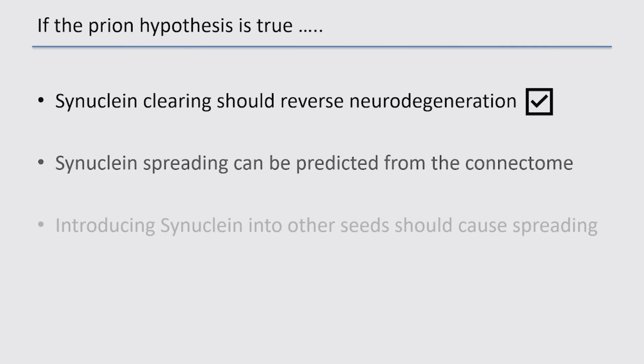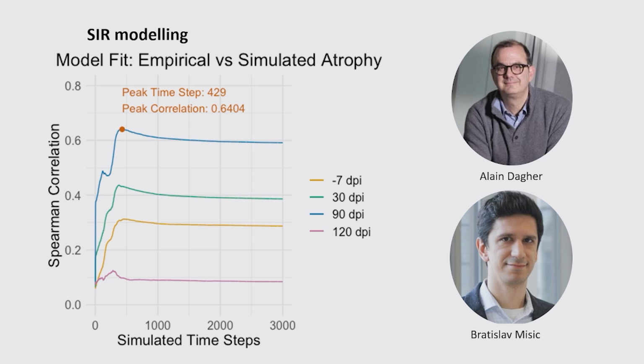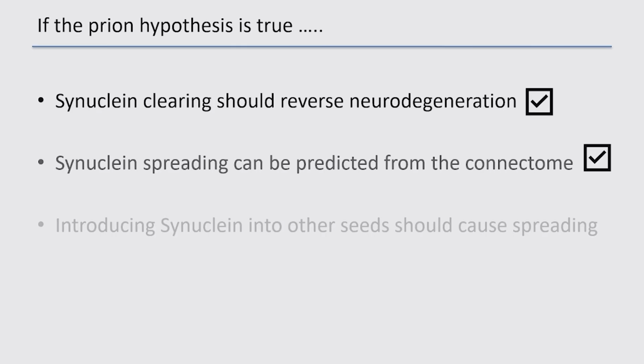And when we do that, what I want you to focus on here is this peak correlation, because it estimates this in a pairwise fashion. We can predict the atrophy that we actually see in our animal model data with an R of 0.64, which I think is really, really good. So suggesting that, once again, this is actually predictable by the connectome. So we get a check mark there.